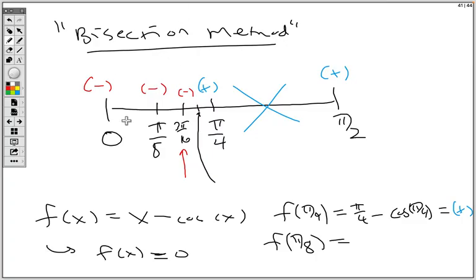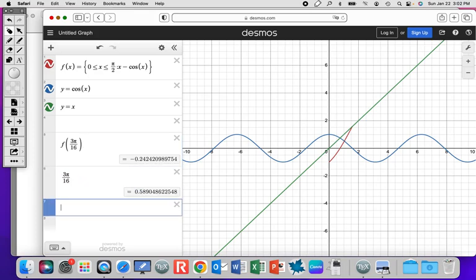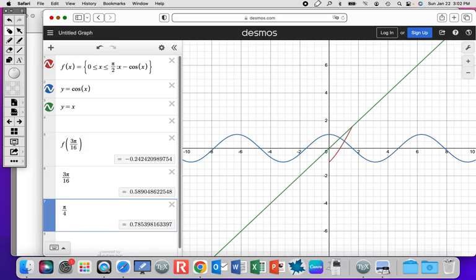We started off knowing it was between 0 and pi over 2, and now we know it's between 3 pi over 16 and pi over 4. So we know it's between these two numbers.